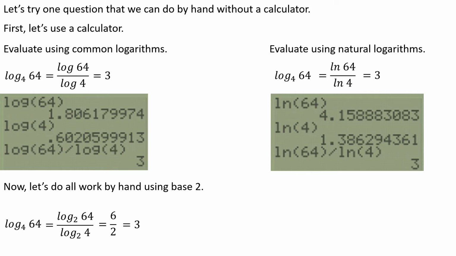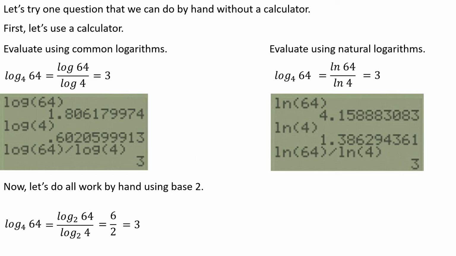Right? So we actually got that answer 3 different ways, right? Because before we even started, I said, hey, 4 to the third power is 64. I could have looked at my exponent table and done that one. But if I convert it to base 10 and use the log button on my calculator, I get 3. If I convert to base E and use my natural log button on my calculator, I get 3. I don't care which way you do it.